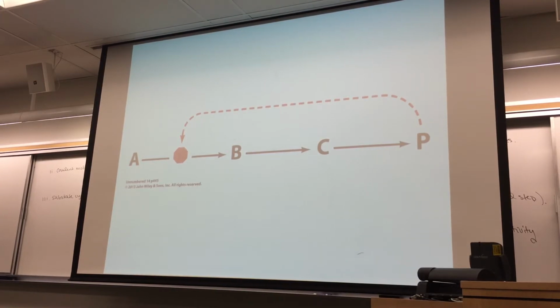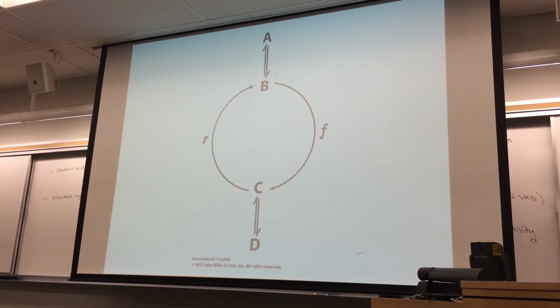So, substrate cycles. Substrate cycles basically are two different irreversible steps. So in one instance we have B going to C catalyzed by F, and in another instance we have C going to B catalyzed by R. And what really comes into play here is that what's going to drive that substrate cycle is some allosteric effector.